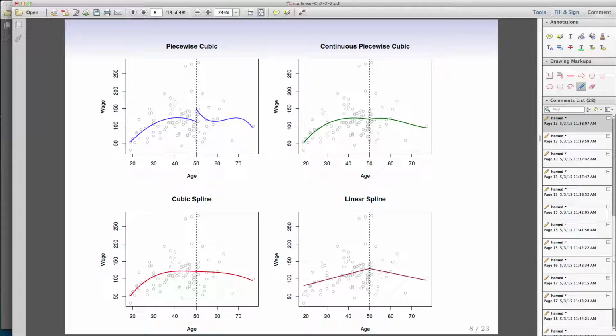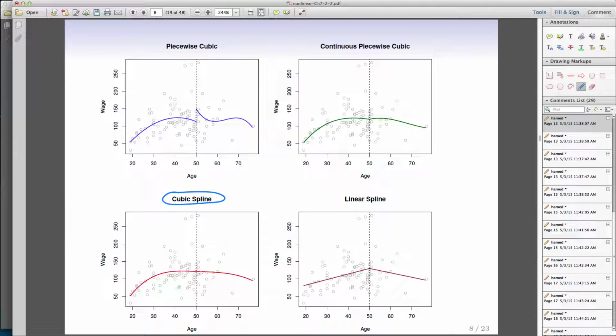So let's look at this function. This function looks better than this one, but as you can see, at 50 we see this kink. So it's not a smooth function. Here we look at a cubic spline, the first spline we are going to discuss, the most famous spline, by the way.